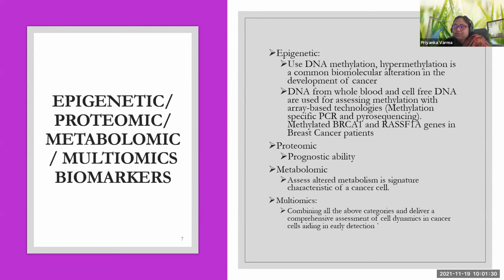That brings me to the last approach, which is also called the multiomics approach. This basically combines the prowess of all the above categories to deliver a comprehensive assessment of cell dynamics in cancer cells, thereby potentially leading to an early detection of cancer.